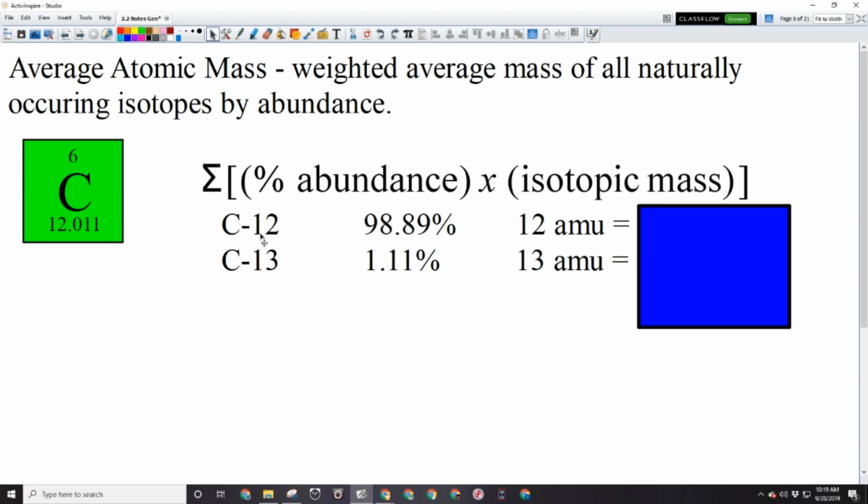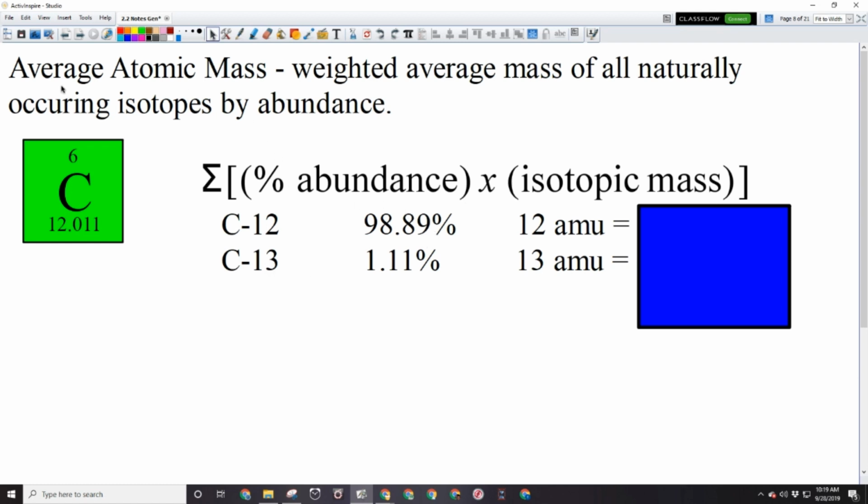So for carbon 12 and carbon 13, here is how abundant it is on Earth. So of all of the carbon that's on Earth, 98.89% of that is carbon 12. So it's this species of carbon. And then 1.11% of it is carbon 13.